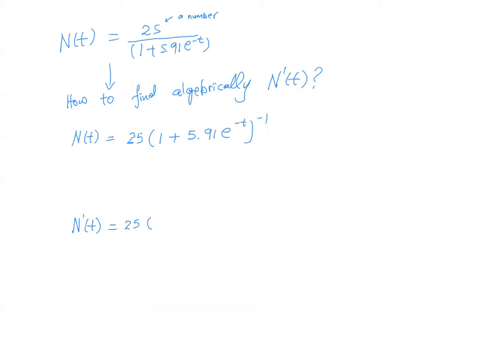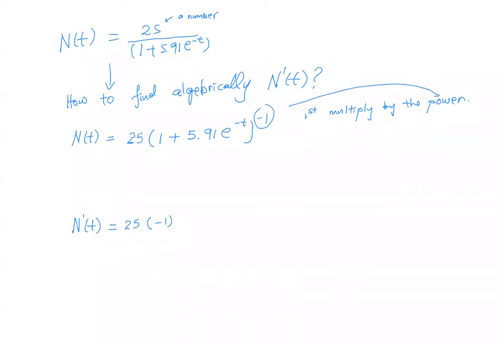Straight away do it. Bring down the power, times by the power. So the first one is multiply by the power.